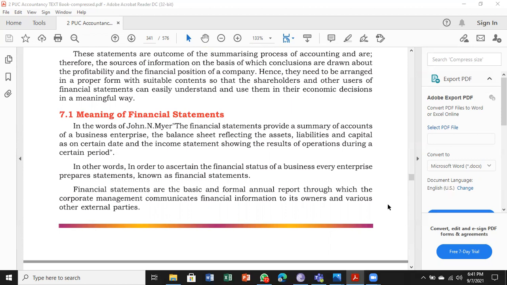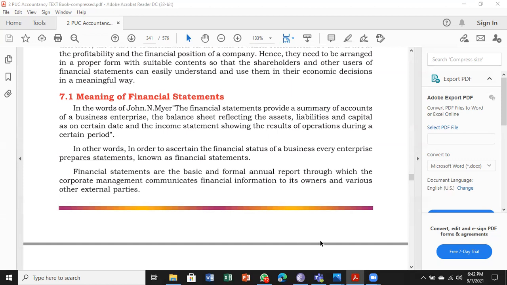So financial statements are prepared at the end of every year. They are the basic and formal information included in annual reports that every company uses to communicate the information about the company to its shareholders, investors, creditors, bankers, and all the other people, including the government.